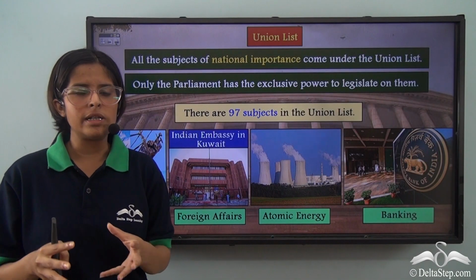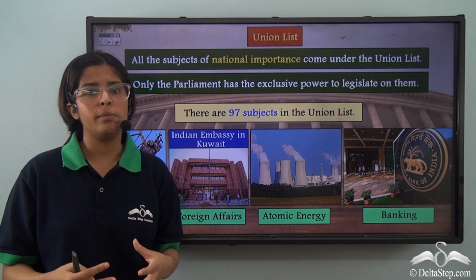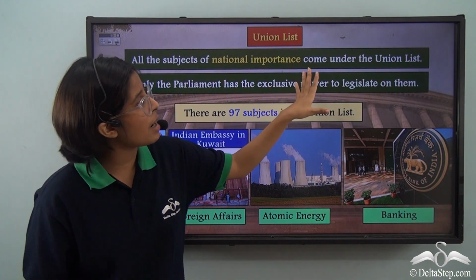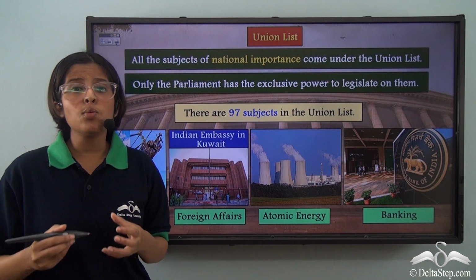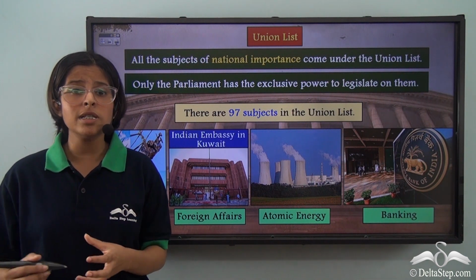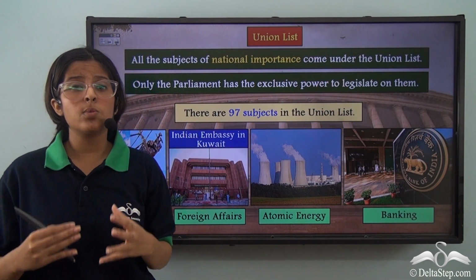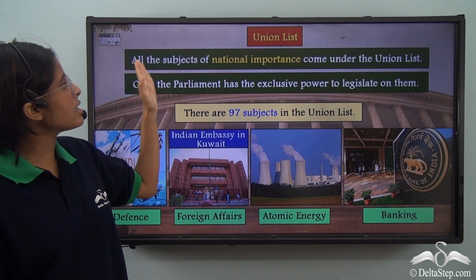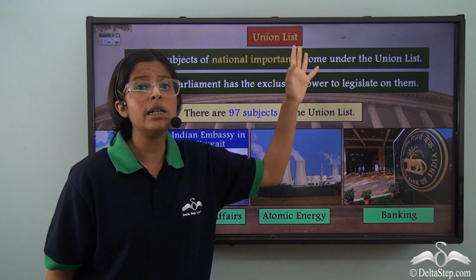Union means the center or the central government. The subjects of national importance come under the Union List. Since the Union is concerned with matters of national importance or national issues, all the subjects of national importance come under the Union List.